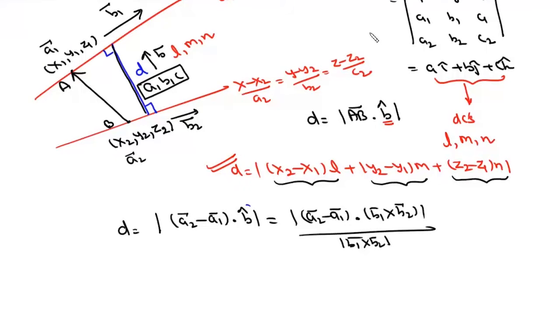But still, it is better to find this vector B using the cross product and then take the dot product of A2 minus A1 with B cap. So it will give us the perpendicular distance between two skew lines.